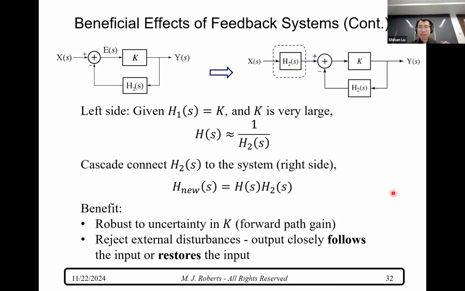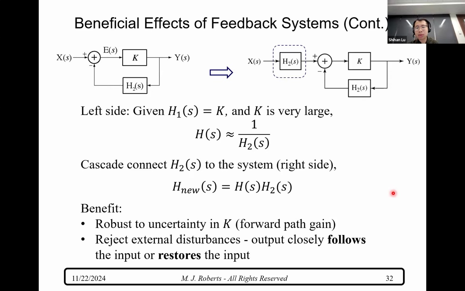Either way, this process will not be affected by any external disturbance, because the system output will always follow the system input, no matter if there is interference or a disturbance on K or on the feedback path H2 of S. Any disturbance on those intermediate elements will not affect the system output.